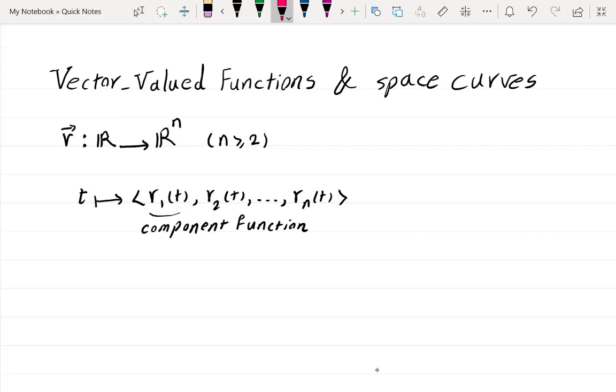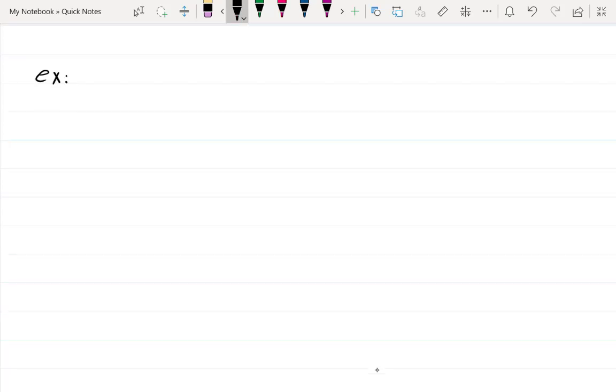For example, if d sub 1 is the domain of the first component, d sub 2 is the domain of the second component, and d sub n is the domain of the nth component, the intersection of these n subsets will be the domain of the vector function. Look at this example.